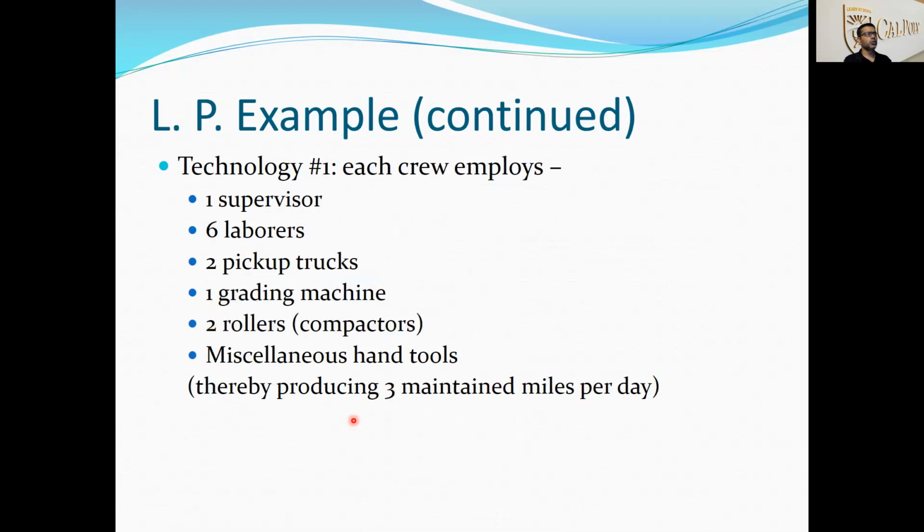They both use just 1 supervisor. Now assume that the amount of technology 1 you're applying is x1. So if you're using x1 amount of technology 1, how many supervisors are you going to be using? That's the question. So let's try to annotate that.